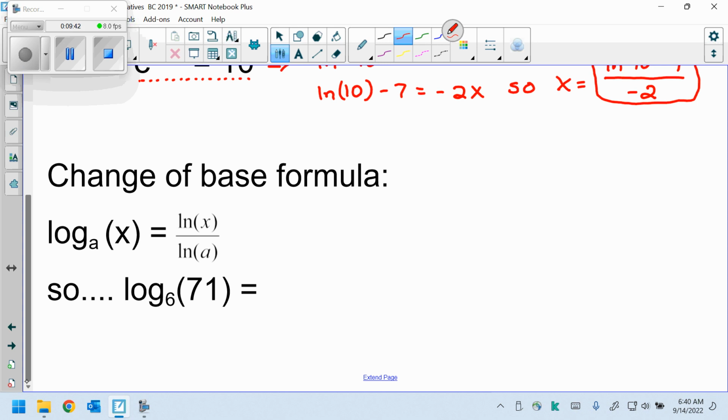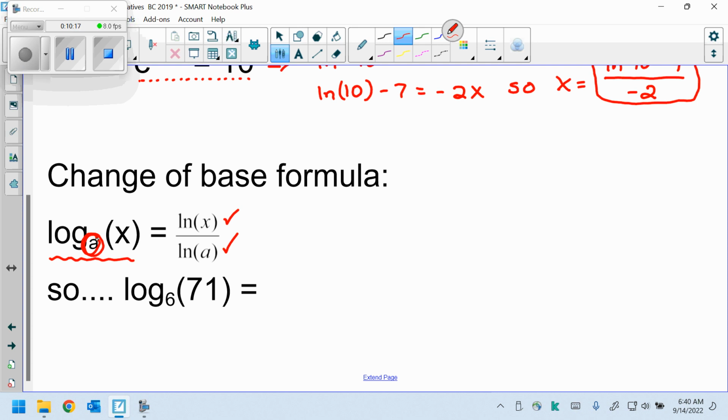Change of base formula used to be pretty important before calculators became so prevalent. If we were going to find the log base a of x, you'd find that by taking either the log of x or the natural log of x, divided by the log of a or the natural log of a. Because our calculators back then weren't able to handle bases other than 10. Well, now they can. Most of them can.